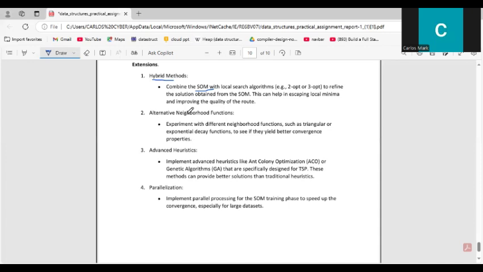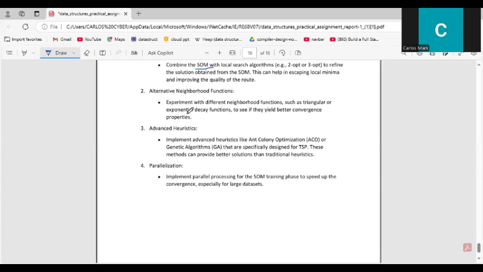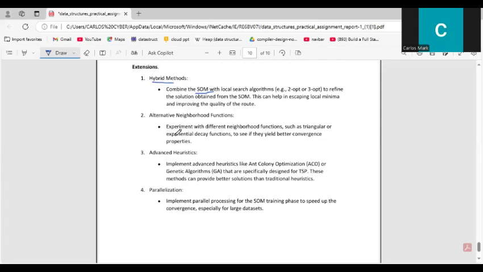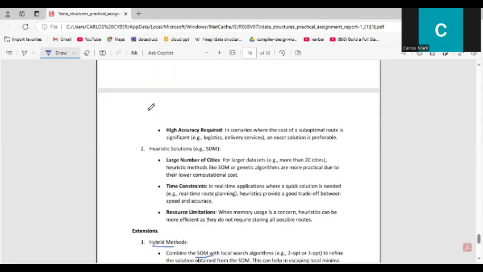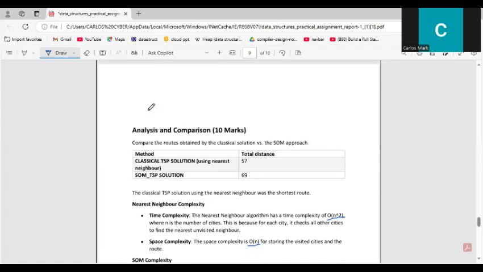For the local search, we are talking about depth-first or breadth-first search. Then we can also consider advanced heuristics, implementing approaches like ant colony optimization or genetic algorithms that are specifically designed for the TSP. So these are the solutions we came up with for an optimal solution to the problem. Thank you so much.